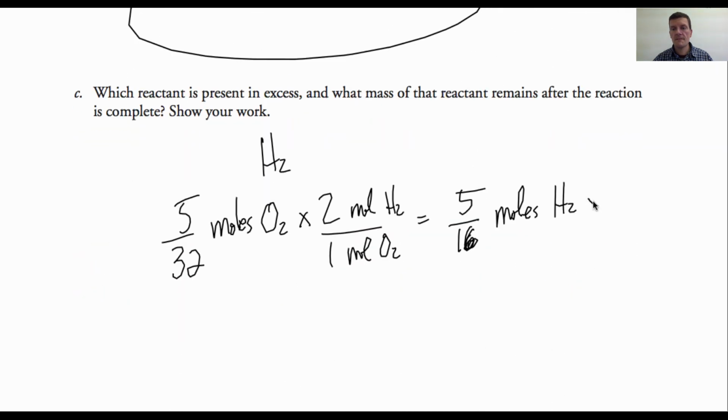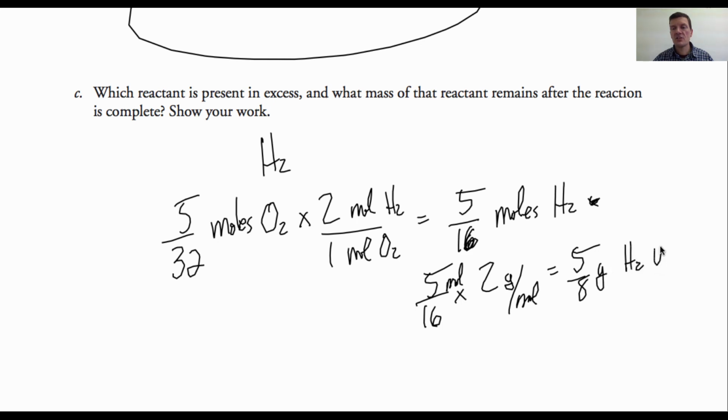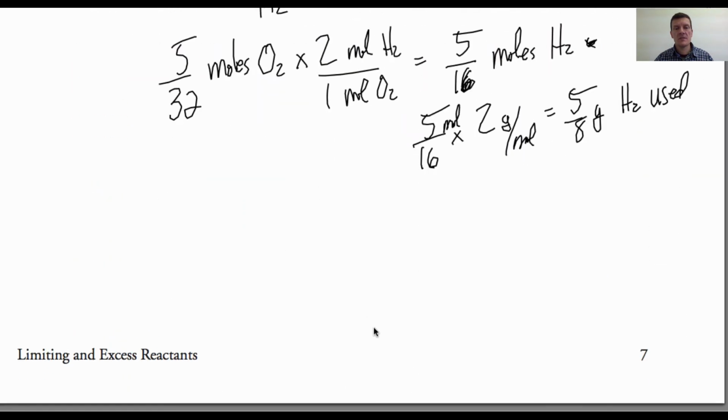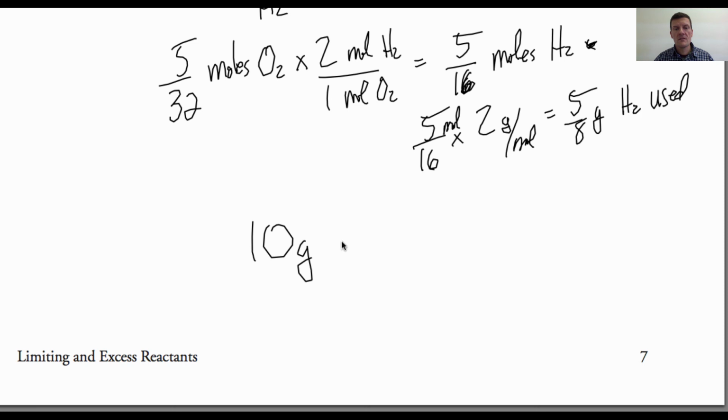Let's take this 5/16 times 2, because it's 2 grams per mole, and this is the number of moles here. So this is going to be 5/8 grams of hydrogen used. So how much is not used? Well, you're just going to take your 10 grams here minus the 5/8, and that's how much is in excess.